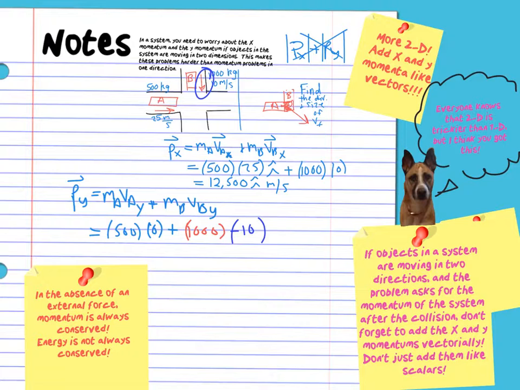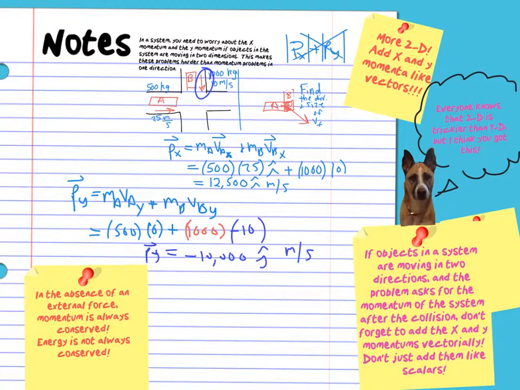You need a negative sign. So the total momentum in the y direction is equal to negative 10,000 j hat kg·m/s.